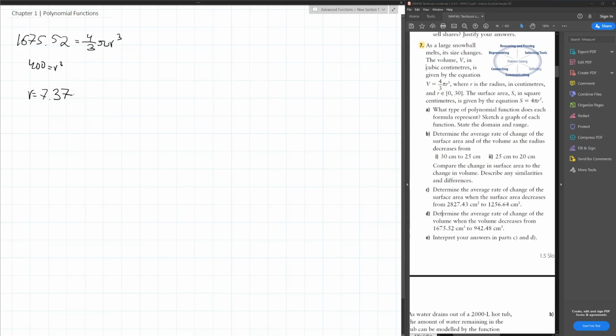That's just me guessing. Again, you could also write r is equal to the cube root of 400, and then you could just take, for example, is there a cube in there somewhere? I don't see a possible cube, but again, you could just have that as your r value. Then for the other one, we have 942.48 is equal to 4/3 pi r cubed.